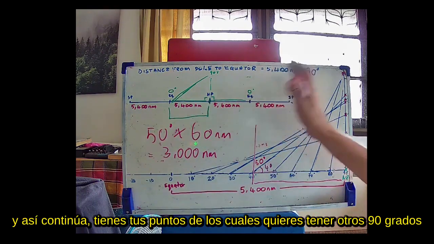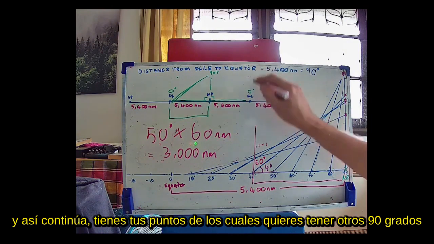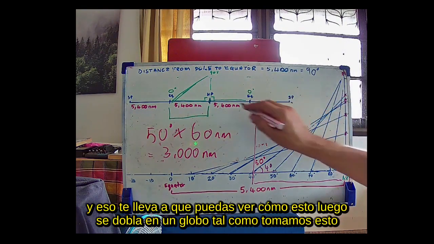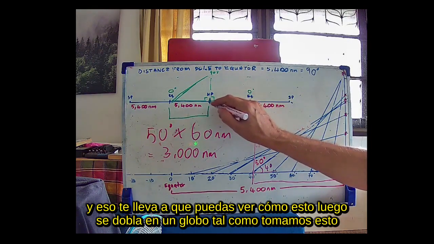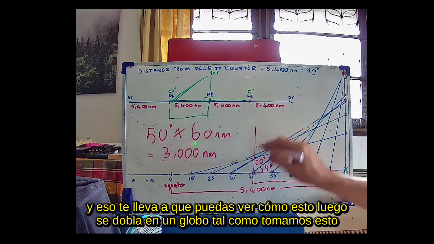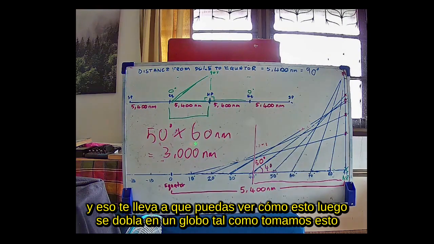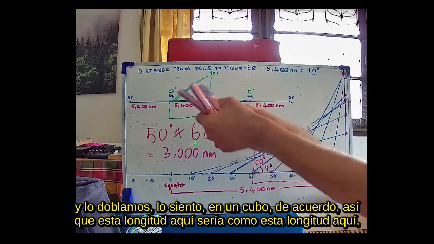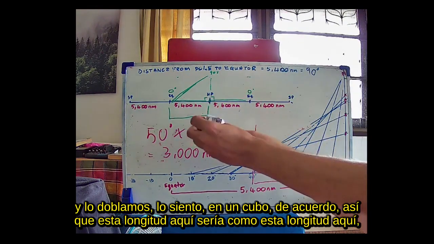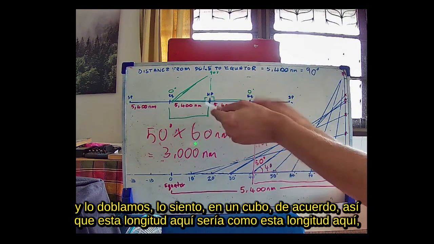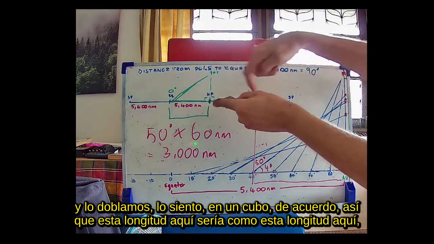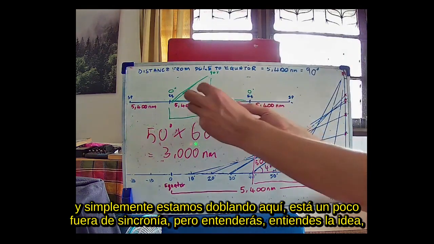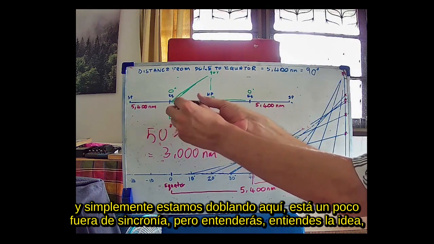You've got your points at which you want to have another 90 degrees, and so you can see how this is then folded into a globe, just as we took this and folded it into a cube. All right, so this length here would be like this length here, and we're just folding here.